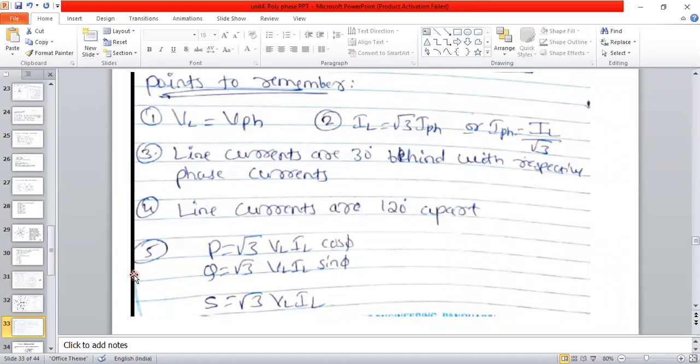Number 2 you write down. Line current equal to root 3 into phase current.